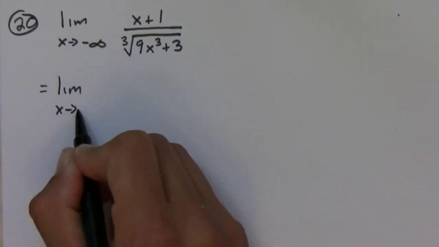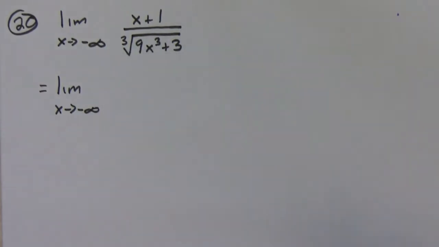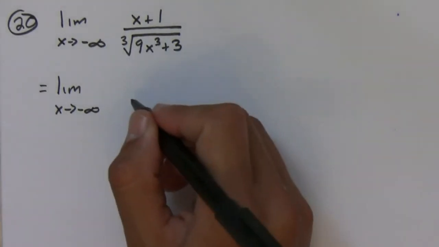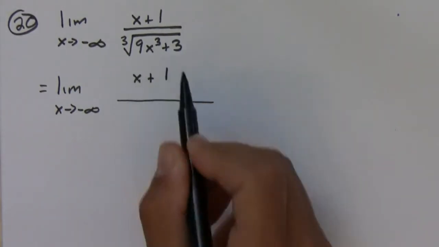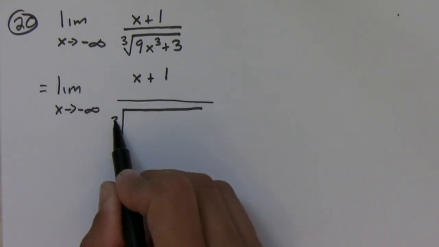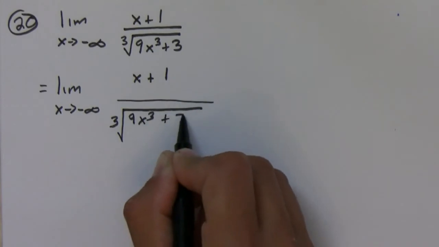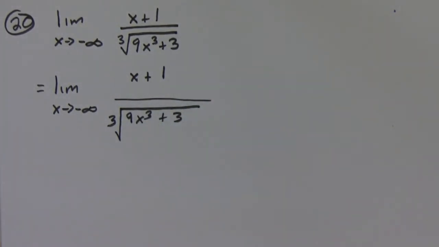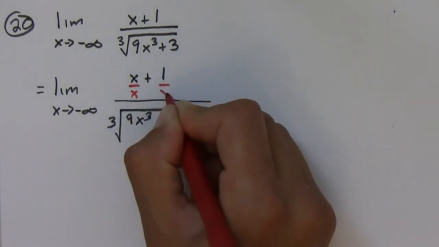The highest power is, in this case, just x, because x cubed divided by 3 is x. I'm just going to rewrite this and do it in one step, because we've done several of these already. I'm going to divide here by x on the numerator.